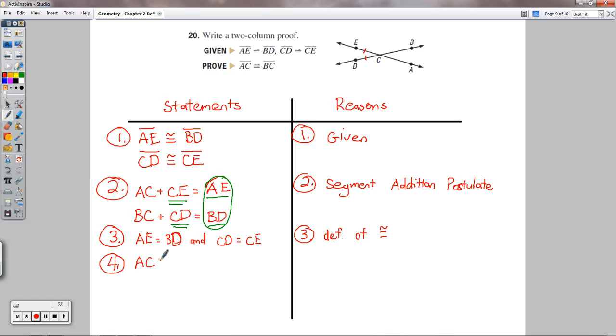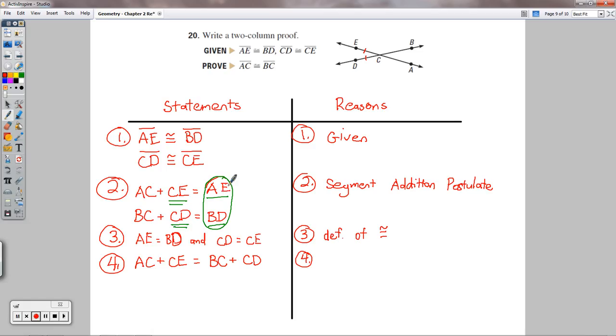So that statement, AC plus CE, must be equal to BC plus CD. This expression, I mean, not equation, must equal this expression if these two are in fact congruent to each other. And now I'm basically using the substitution property.